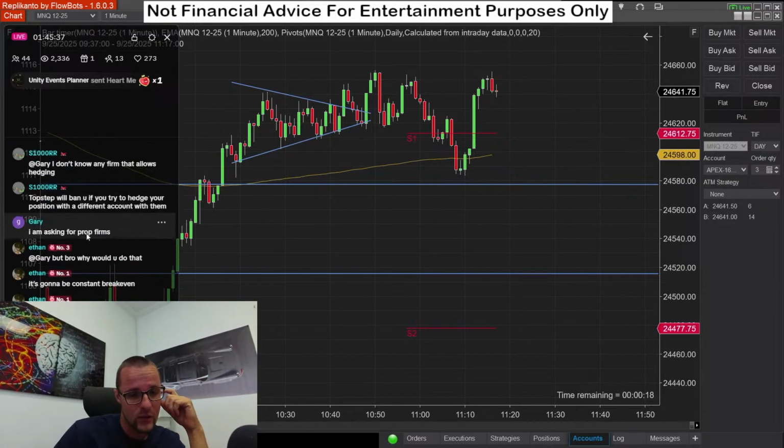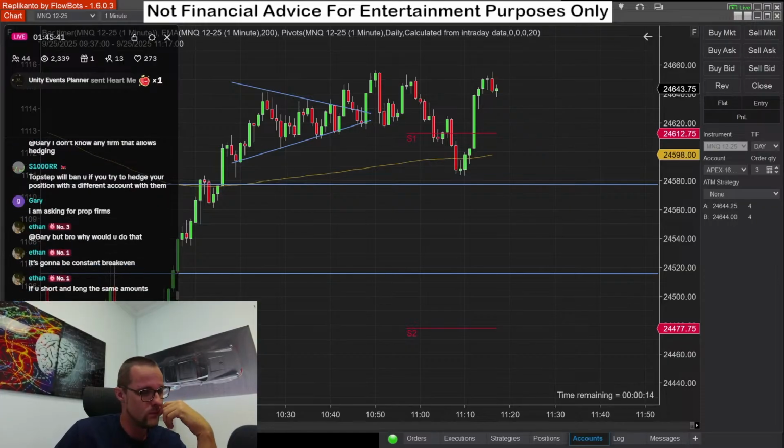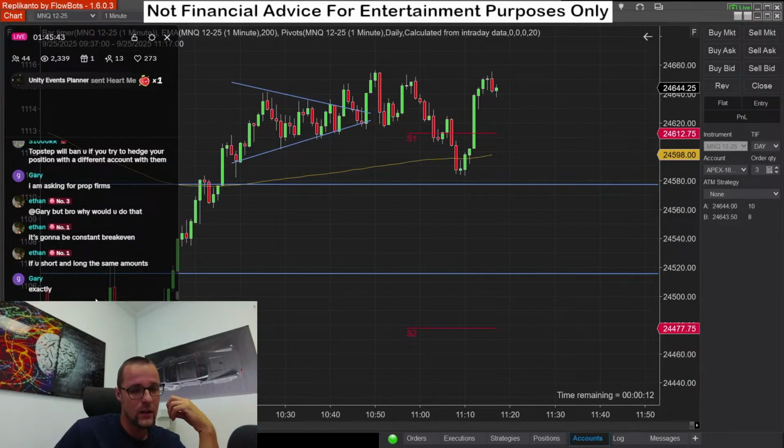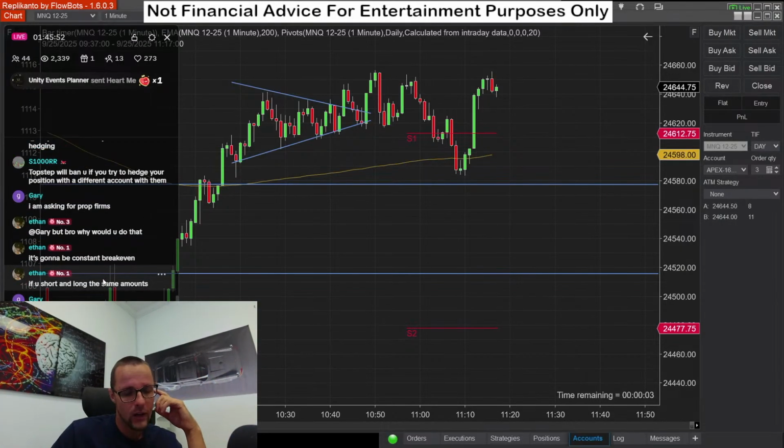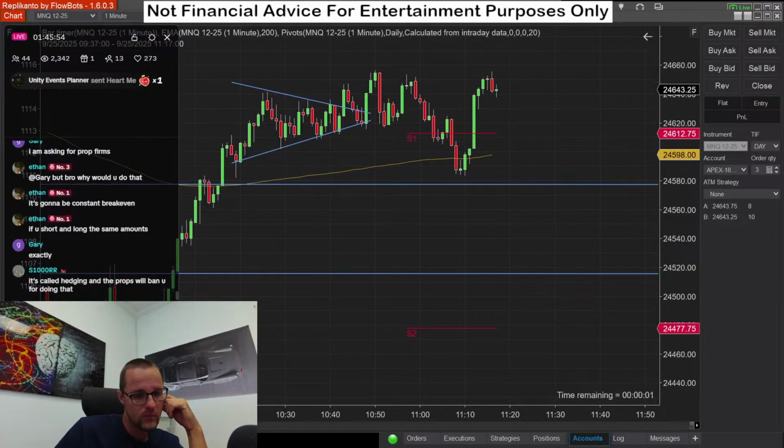I don't know if that's allowed or not. I don't know if even prop firms allow that. It's kind of like hedging, where you get the opposite to hedge against your position.